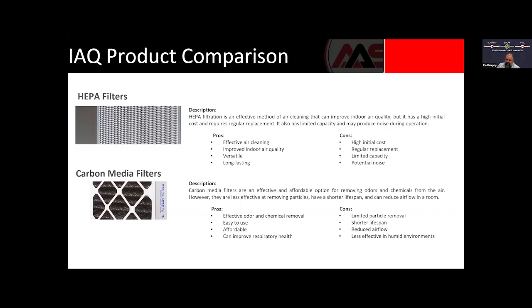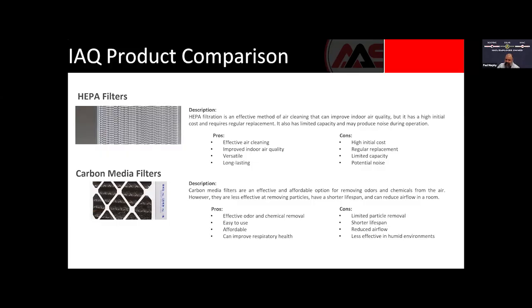The next one we have is carbon media filters. The carbon media filters are effective for removing odors in spaces. Typically, when our property managers reach out to us with an odor in a suite or a tenant's space, we'll suggest carbon media filters first. The carbon is good at pulling out any odors in the air and does a really good job at that.